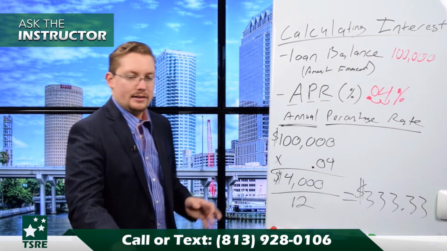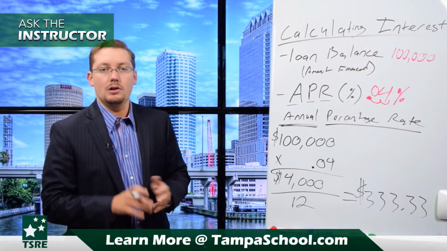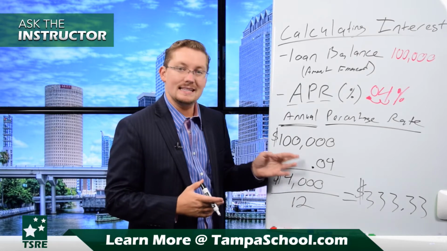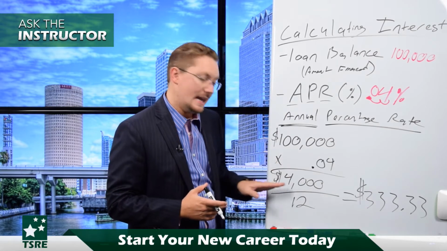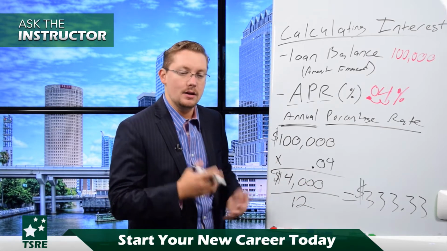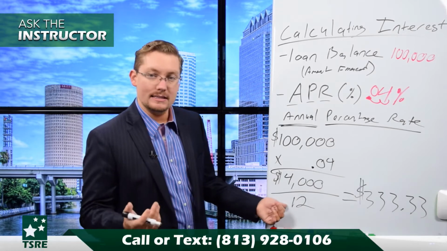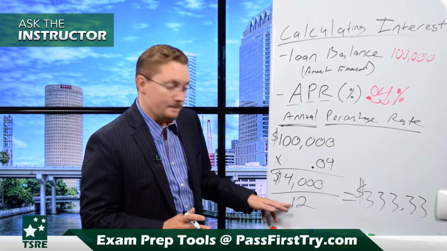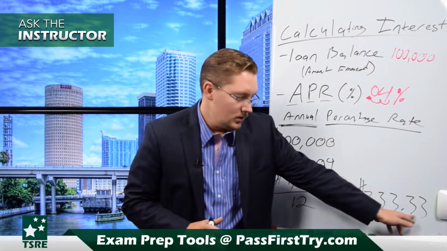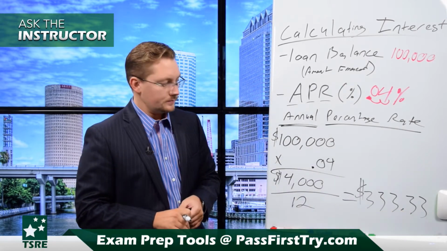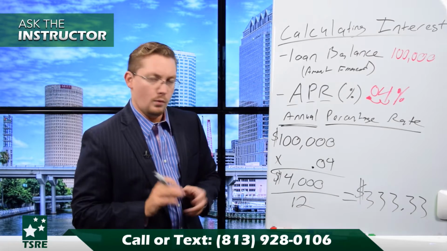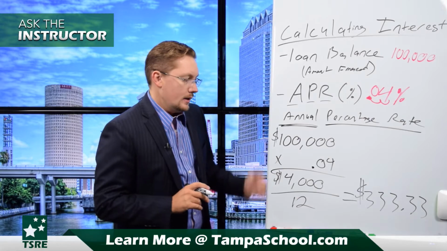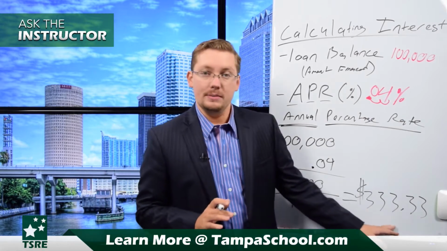So on this $100,000 loan, whatever type of financial product we're dealing with here, if it's a 4% APR, annual percentage rate, the annual interest is $4,000, but when we pay monthly, we need to break this up into a monthly number. $4,000 is over the course of the year, so we divide that by 12. We get $333.33.